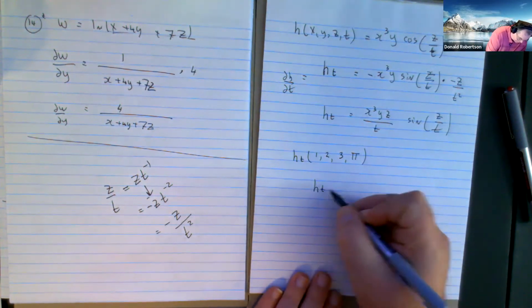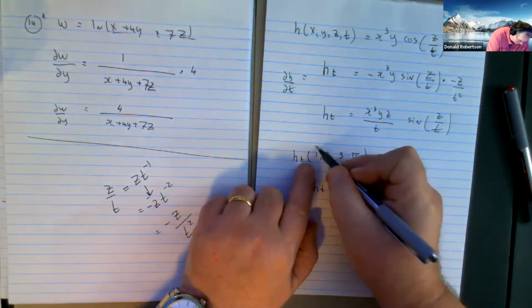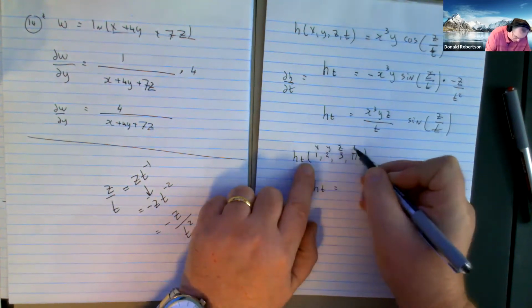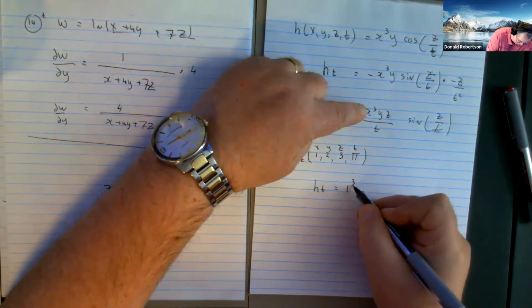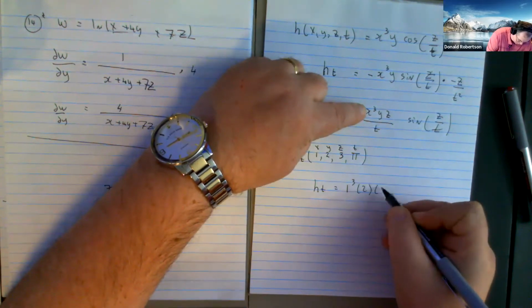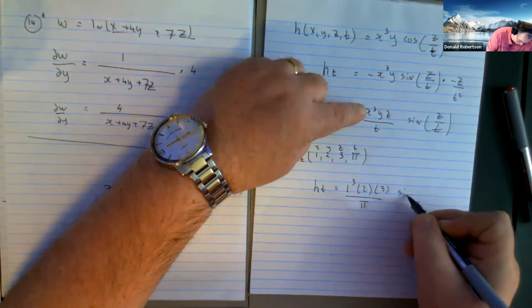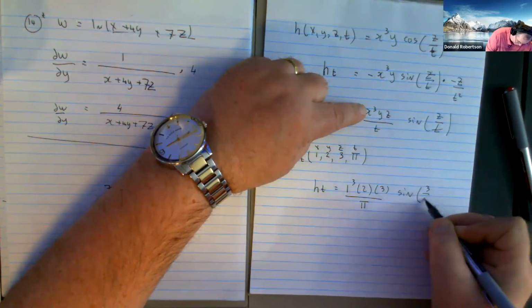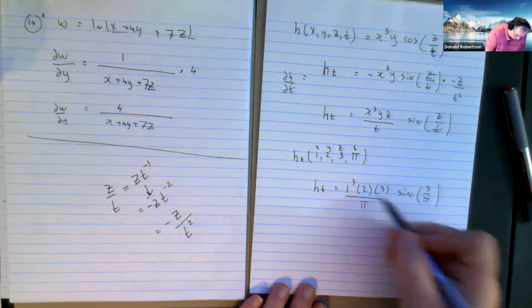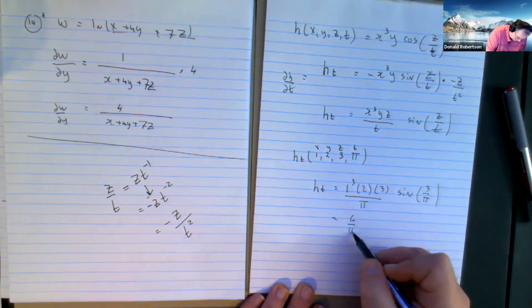All you would do is plug in x, y, z, t, and you'd get 1 cubed times 2 times 3 over pi times the sine of 3 over pi. And tidy that up and you get a pretty boring answer.